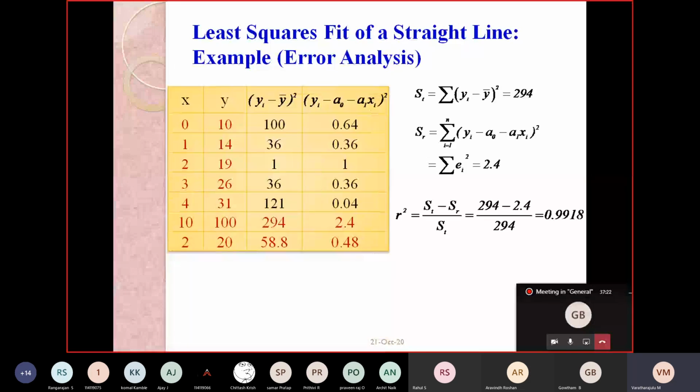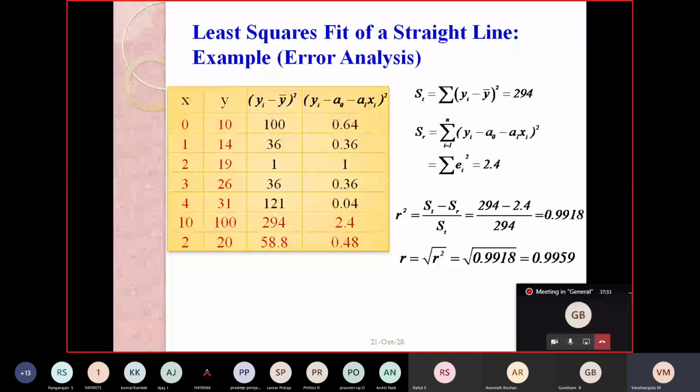R square and r. Here see, the r is a measure of reliability. If our r is nearer to 1, then the reliability will be more, and the prediction ability of the mathematical model is greater. If r is lesser, nearer to 0, then the prediction ability of the model is very poor.